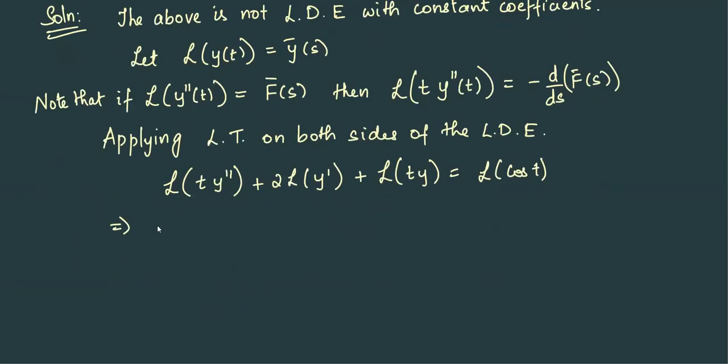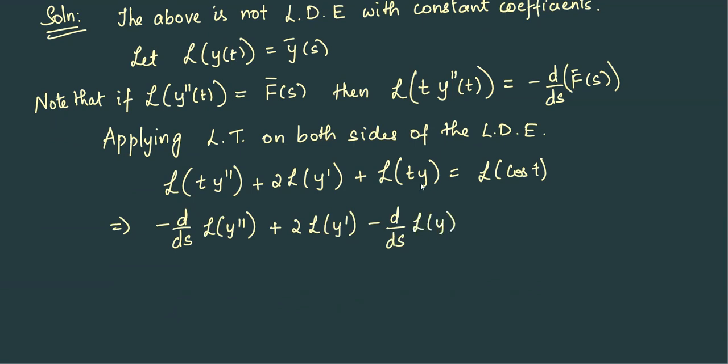This will be minus d by ds of the Laplace transform of y double dash. This is the change. Plus 2 times Laplace transform of y dash, I'm not changing that. This will again be minus d by ds of Laplace transform of y, because there's a multiplication with t.